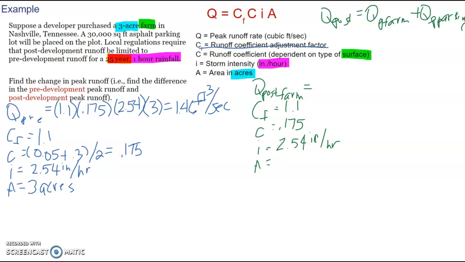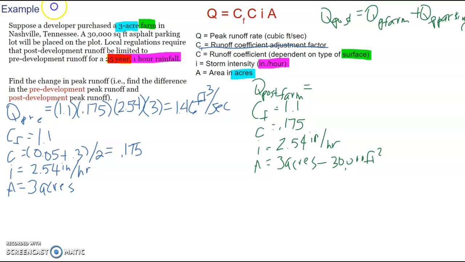And then my area, here's where my area is going to be a little different. So we started off with 3 acres. But then we're adding an asphalt parking lot. So because we're adding that asphalt parking lot, I have to subtract that value. So from here, I'm going to draw you a quick sketch.